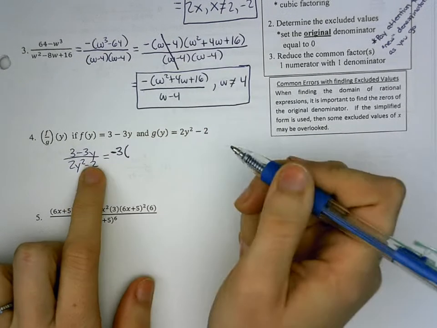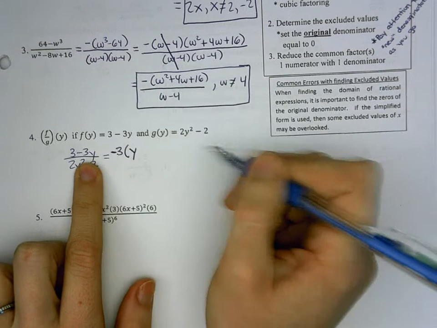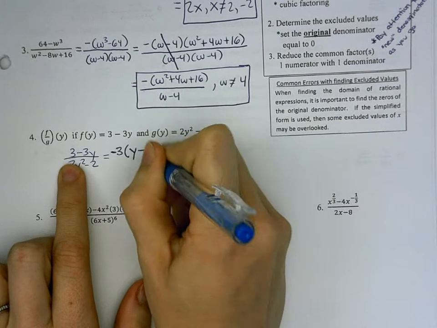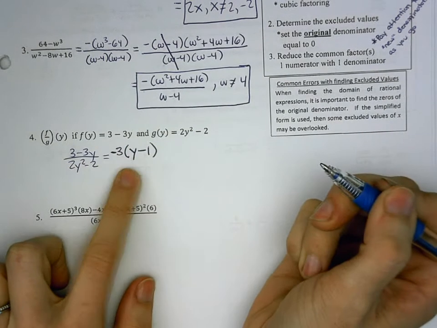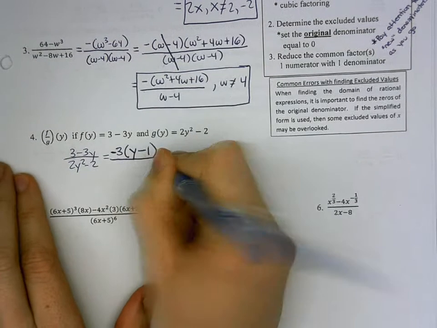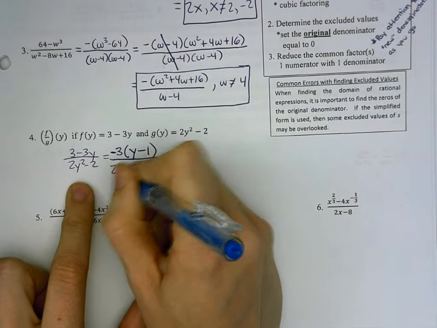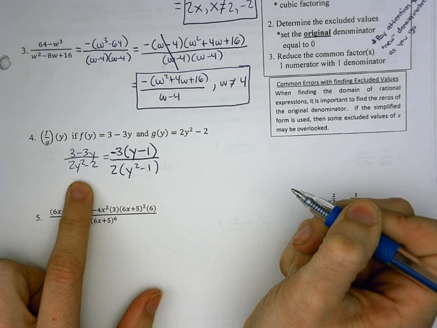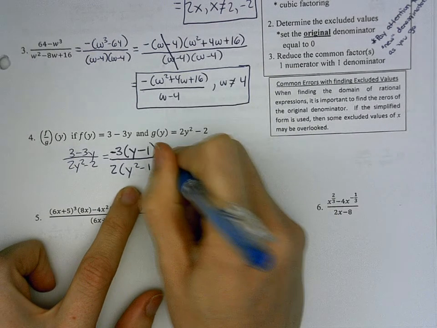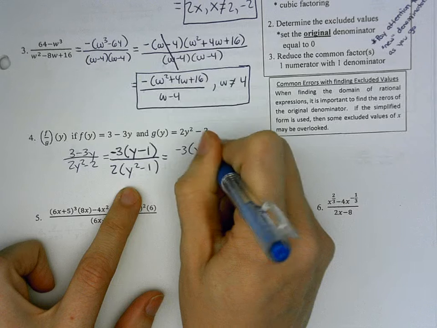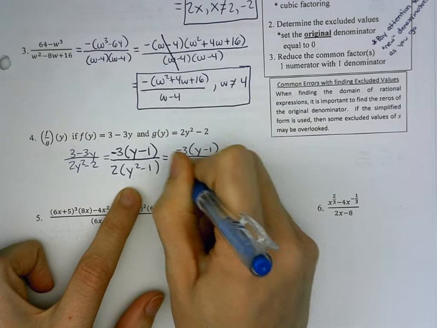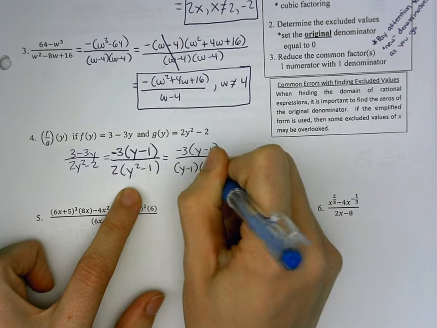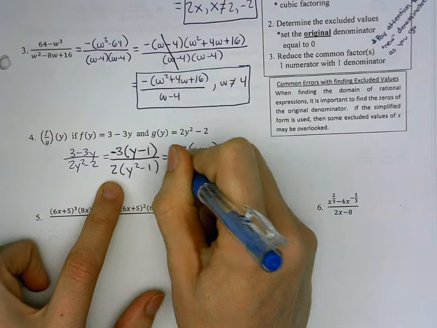So this negative 3y would become positive y, and this positive 3 would become negative 1 when I factored a negative 3 out. Down here, pulling out a 2, we have y squared minus 1, which is a difference of 2 squares. We are looking at negative 3 times y minus 1 over y minus 1, y plus 1, and our 2 out front.